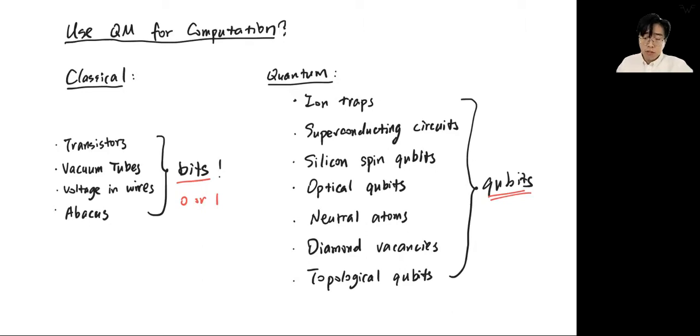Some of them use atomic structures, atoms or ions or photons. Others are artificial atoms, for example, superconducting circuits. So now here comes the question of what's the difference between a bit and a qubit, and why is a qubit better in solving certain computational tasks?